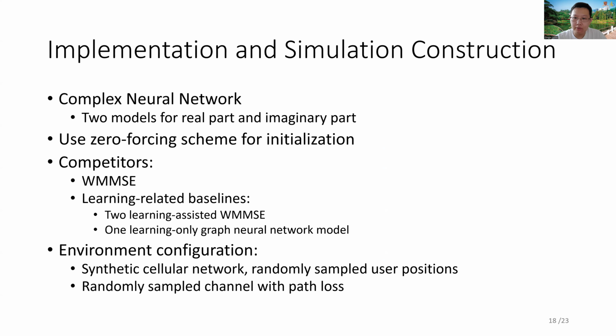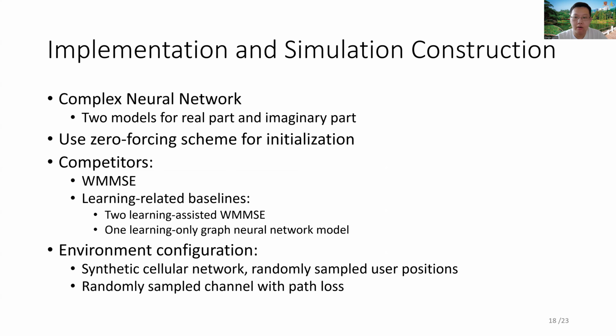For the implementation, we follow the open source implementation of complex neural networks on PyTorch, and we use a zero forcing scheme for initialization. We compare our proposed method with WSE and three learning-related baselines, which are two learning-assisted by WSE and one learning-only graph neural network model. We construct a synthetic cellular network and randomly sample users around the base station.